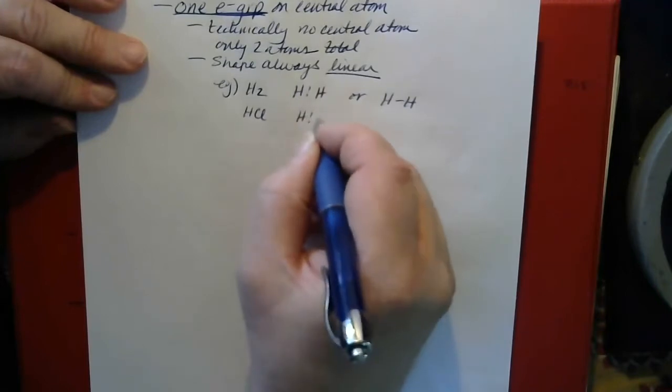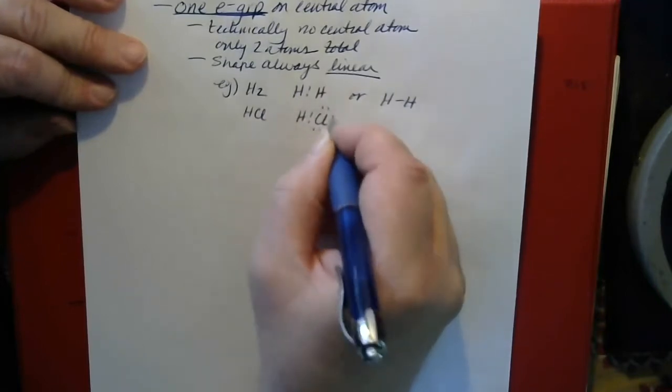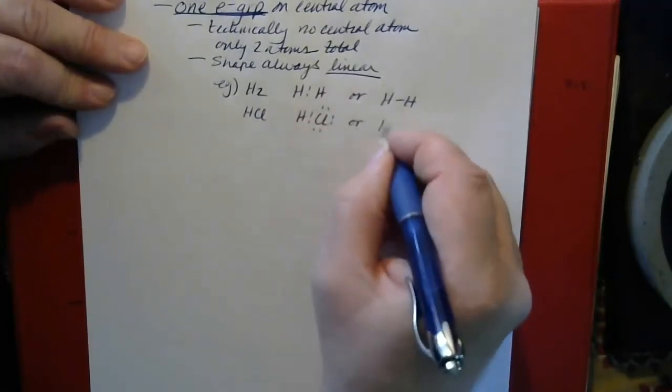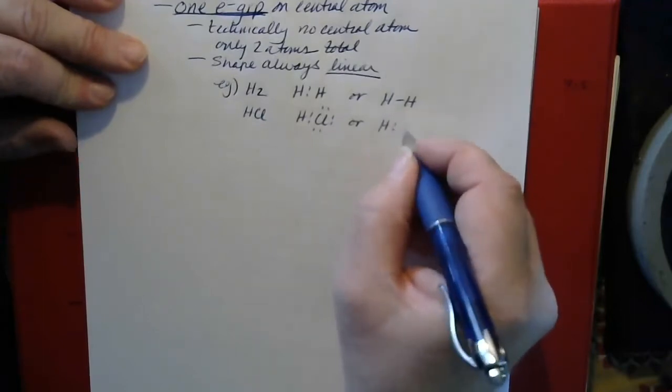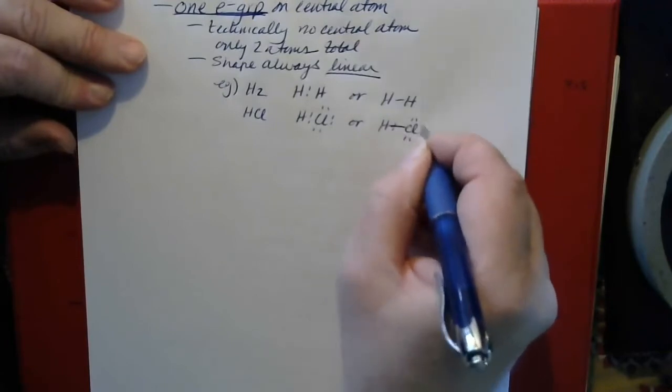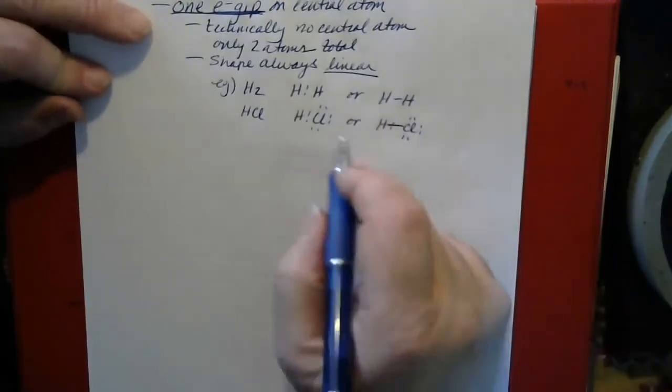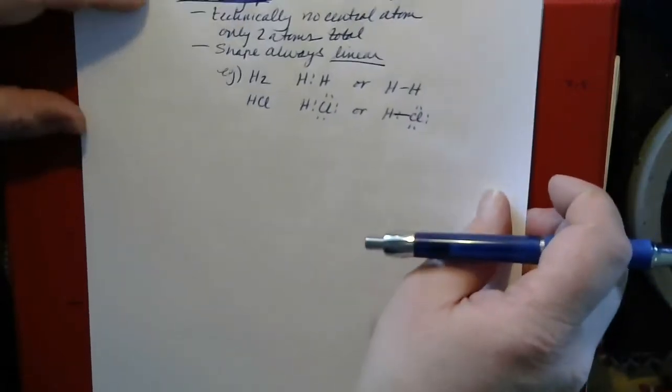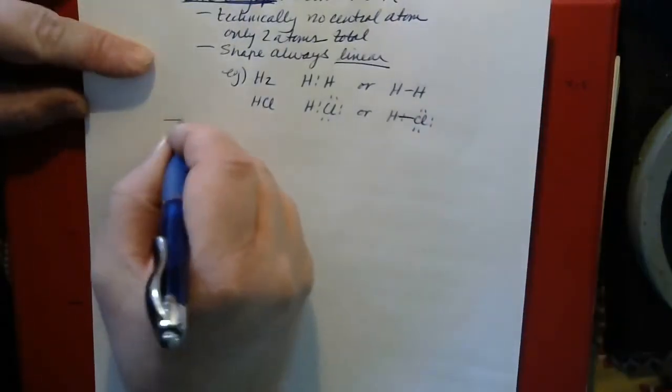HCl is also an example. Okay, so you can have either of those as the Lewis structure. Obviously, it has to be linear. All right, so let's get a little more interesting.